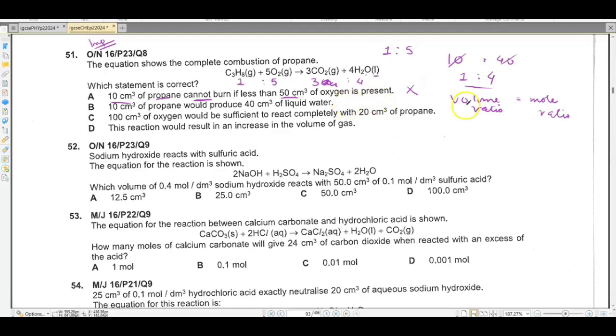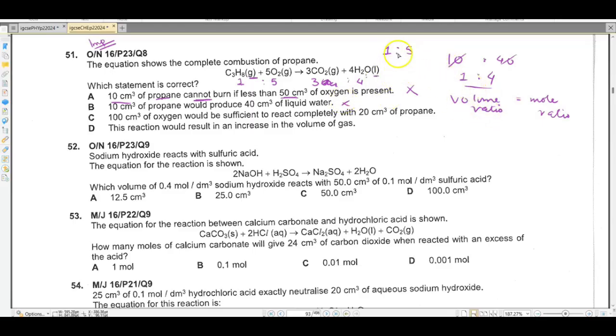We cannot directly relate the volume of gaseous C3H8 to the volume of liquid water using this mole ratio. That is why this is not correct, because one of these is a gas and one is a liquid, and these can't be related with Avogadro's law.